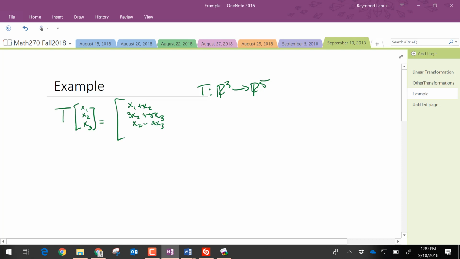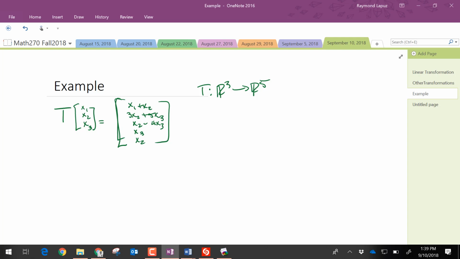The fourth component would be x3. And then the fifth component would be x2. Something like that. This is some random example. And now I'm going from R3 to R5, which means that we can't visualize it anymore. But I'll say that this is going to be a linear transformation.